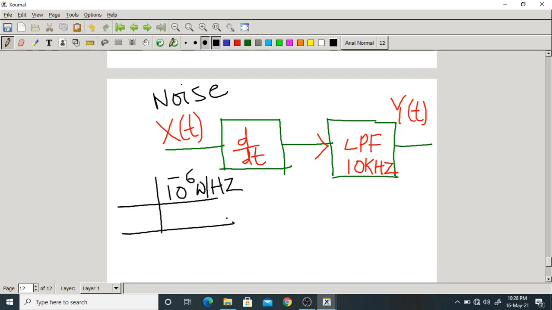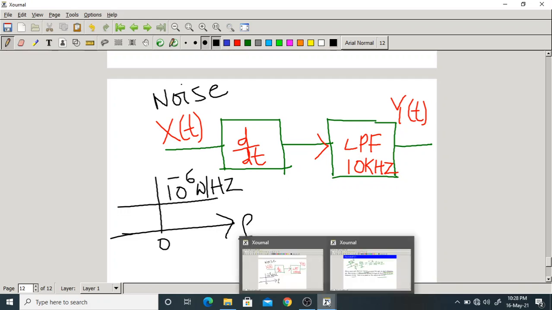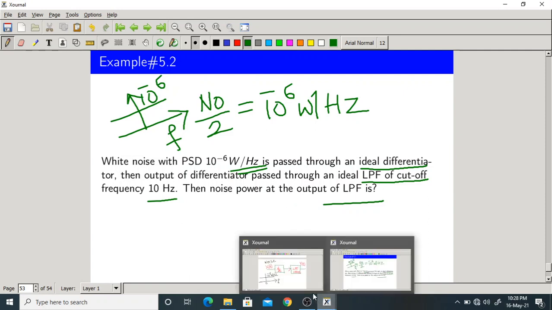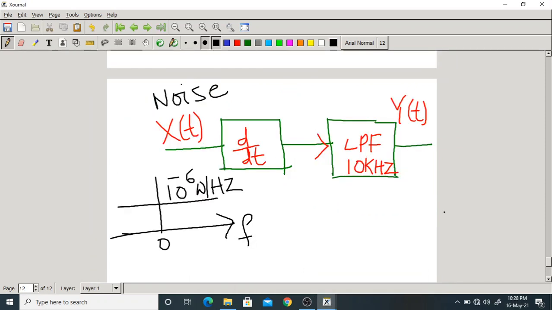It's a white noise, that's why I'm writing this PSD. Is it okay? Now what are they asking? Question: the noise power at the output of the low pass filter. That is very, very important. They're asking at this point what is the noise power.